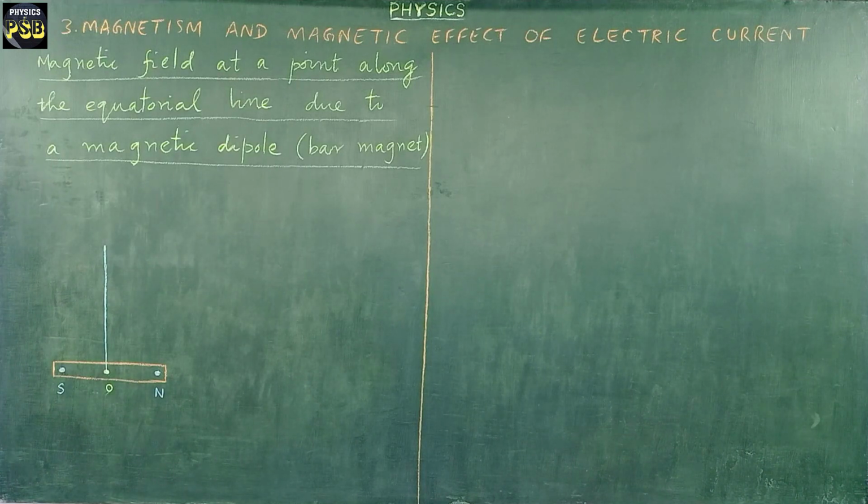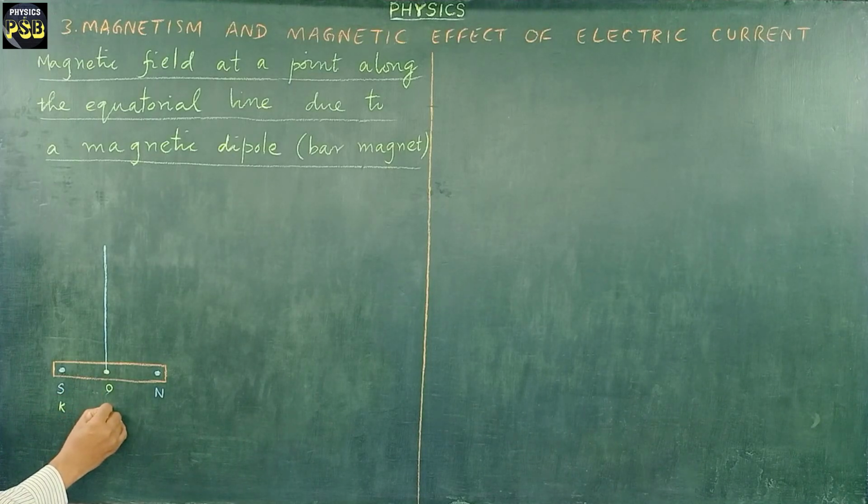Now, before going ahead, let me give the length of this bar magnet. This bar magnet has length equal to 2L.